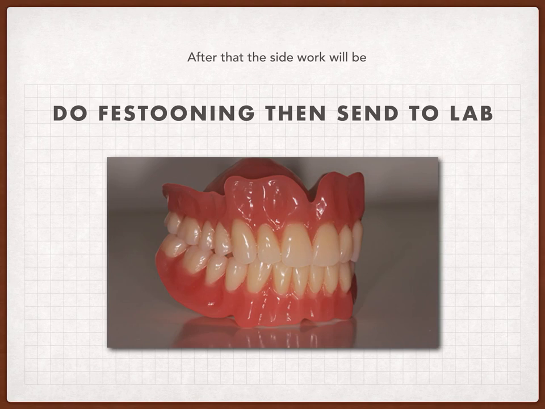After that, he will make the denture ready. I know this is a complete denture, but I wanted you to see the festooning or the festooned denture. Anyways, after doing the festooning procedure, the technician will, let's say, cook, as I call it.